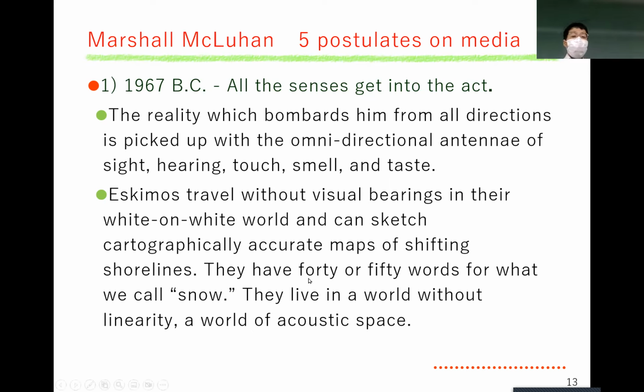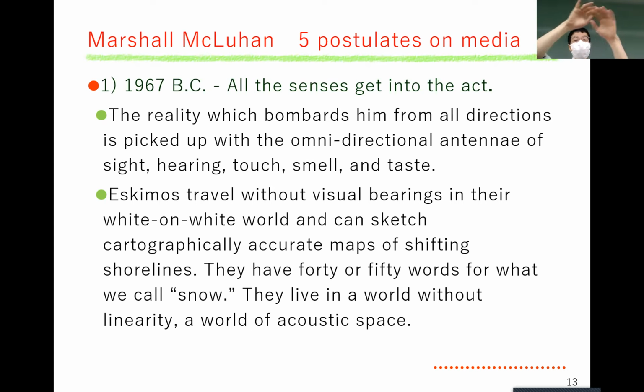So they have 40 or 50 words for what we call snow. And also they can create a very accurate map. If we go to such an environment, we cannot distinguish snows, so we cannot draw an accurate map.